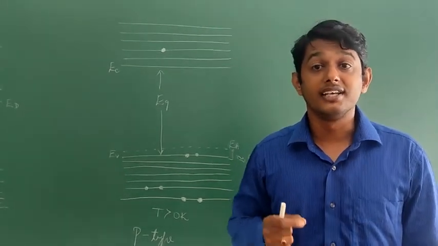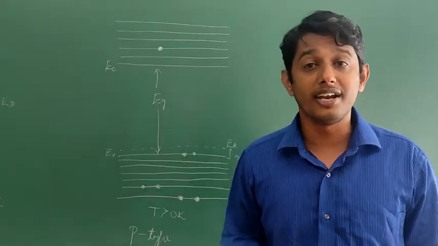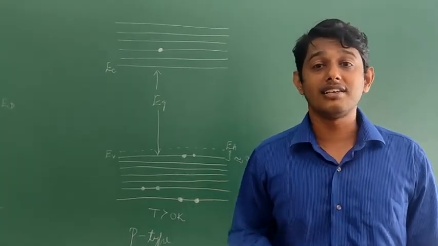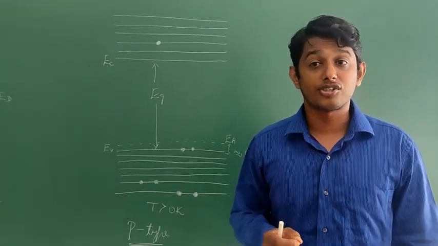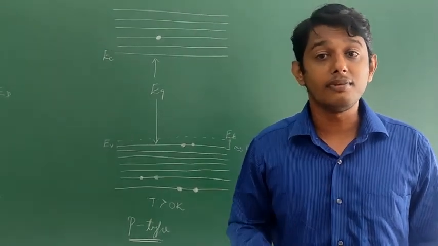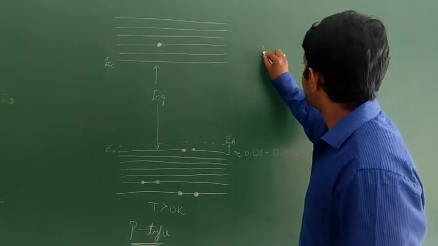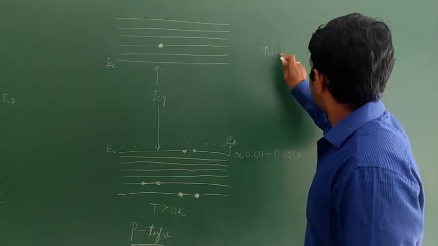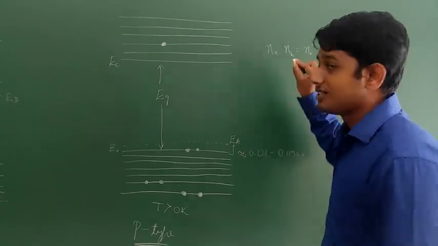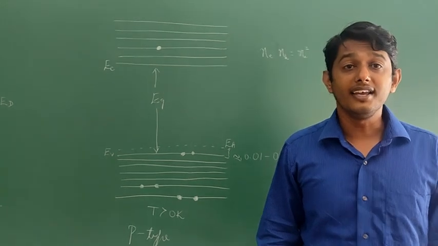The electron and hole concentration in the semiconductor in thermal equilibrium is given by Ne Nh equals Ni squared.